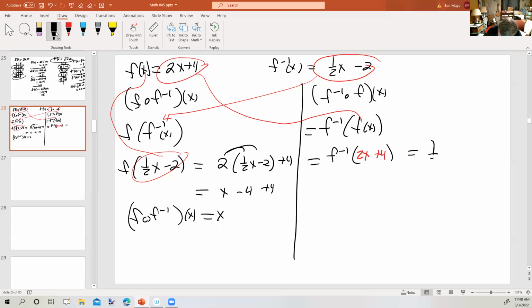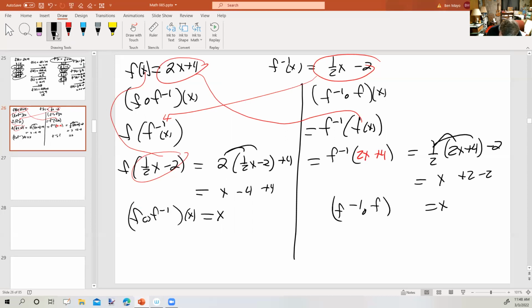And that's going to be 1/2 times 2x plus 4 minus 2, which is x plus 2 minus 2, which is x. So f inverse composed with f of x also equals x. So composing a one-to-one function and its inverse in both directions, you should get x. Likewise, if composing two functions in both directions yields x, those two functions are inverses of each other. All right. Any questions about that?